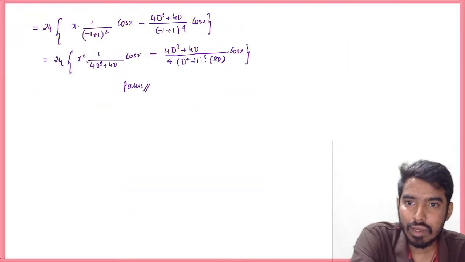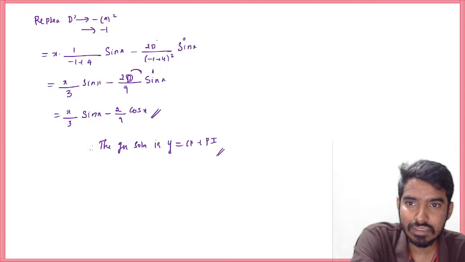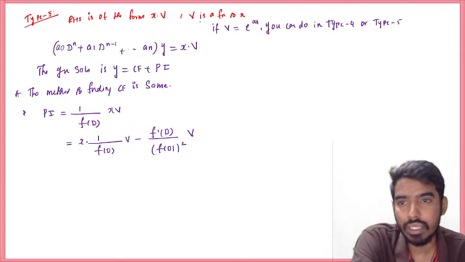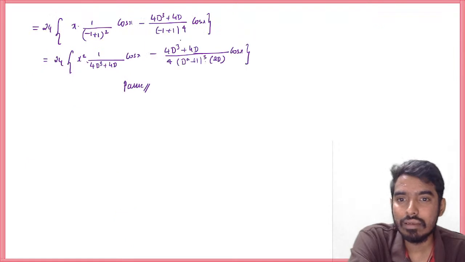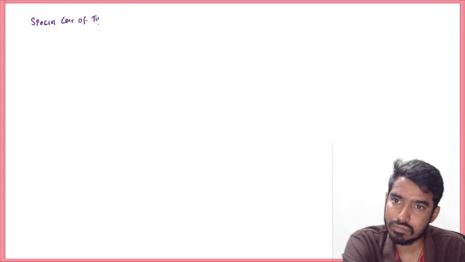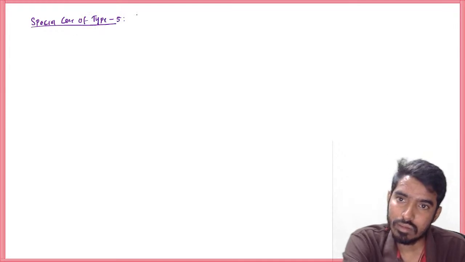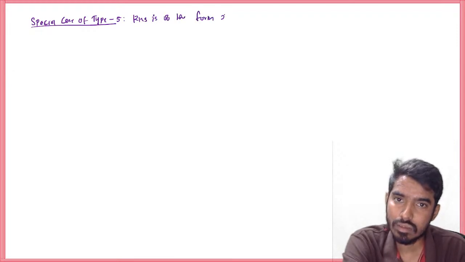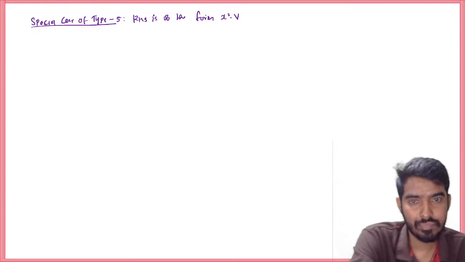We have solved 3 problems in this case, right? That is x into B. Now we will solve a special case, special case of type 5. That is, RHS is of the form x square into B, right?